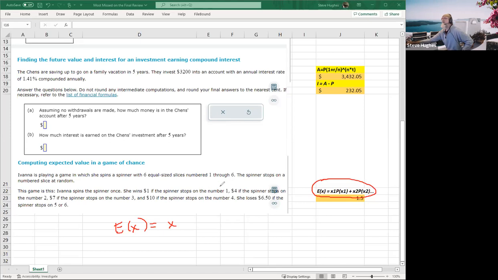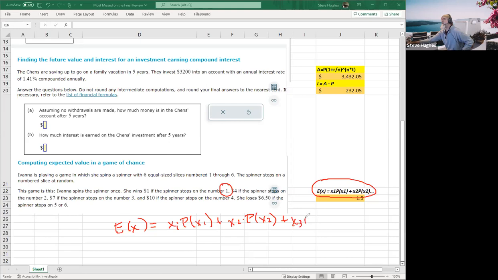The outcome could be she rolls a one, times the probability of that event occurring, plus she rolls a two, times the probability of that occurring. So it's the event times the probability of the event occurring, and we keep going until we have all 6 of them in this case.